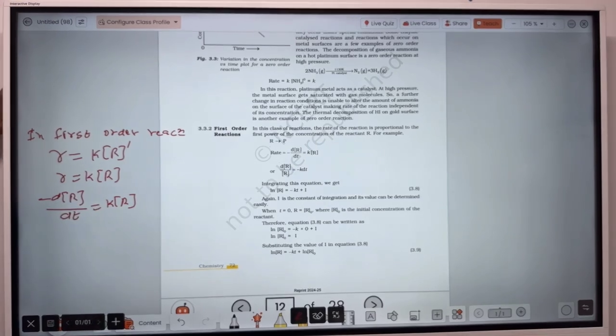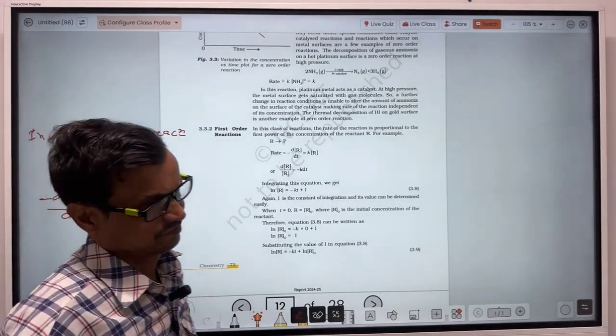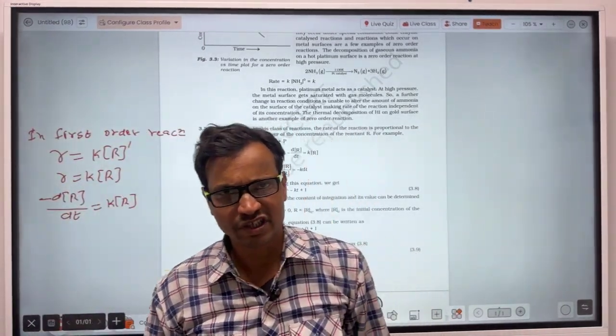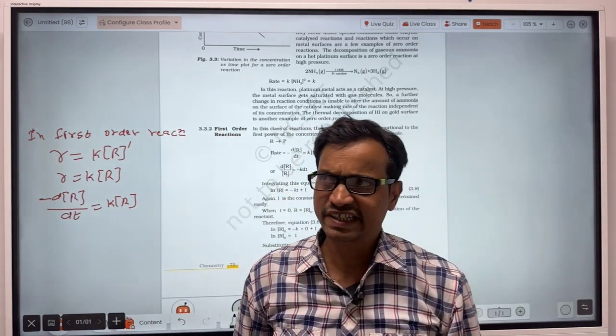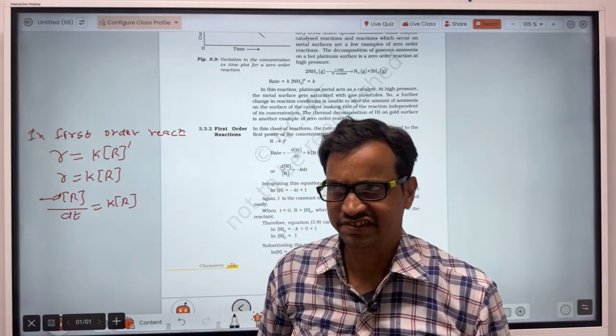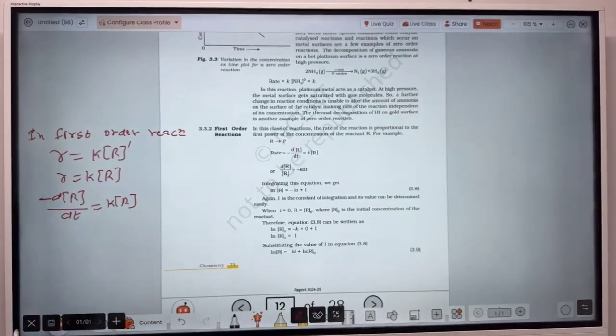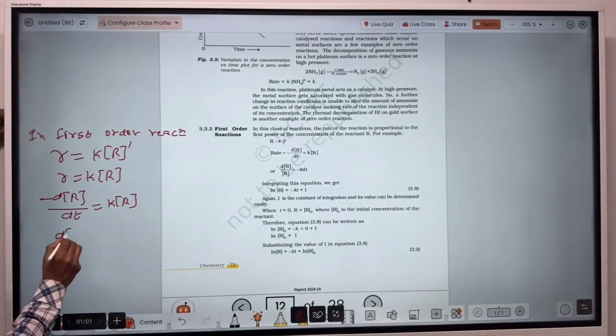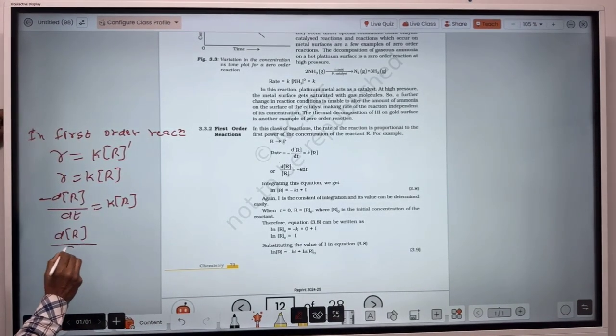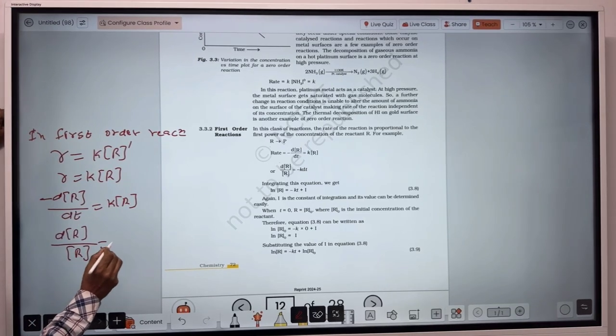Always you will have to make it minus k dt, either you derive it for zero order, first order or second order reaction. So here dR by R will be equal to minus k dt.